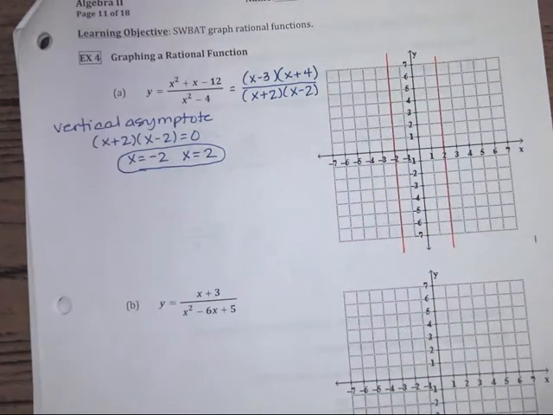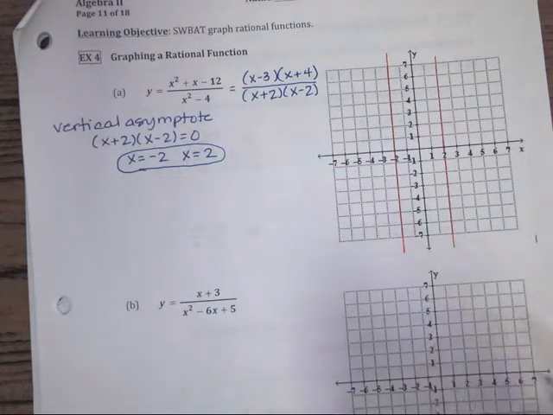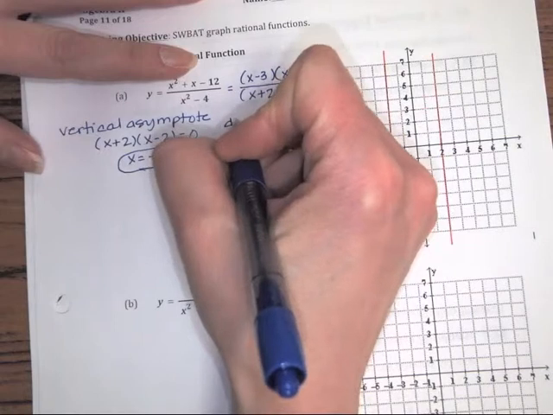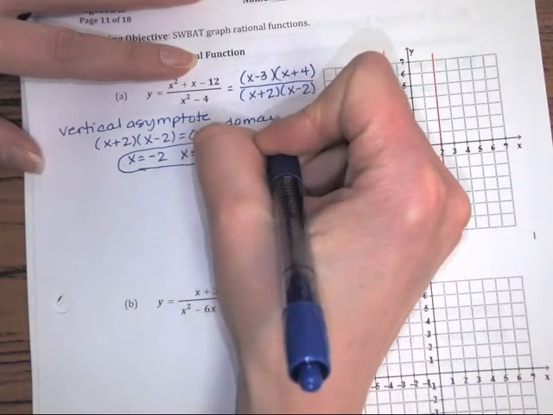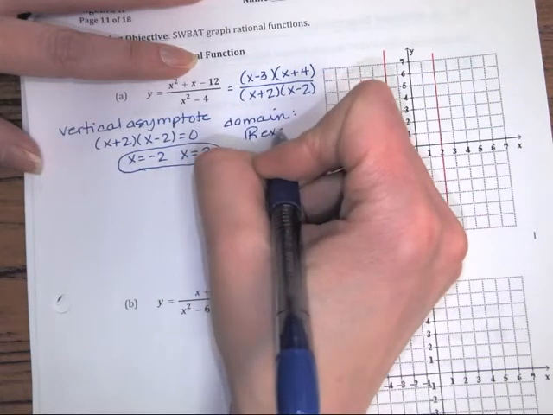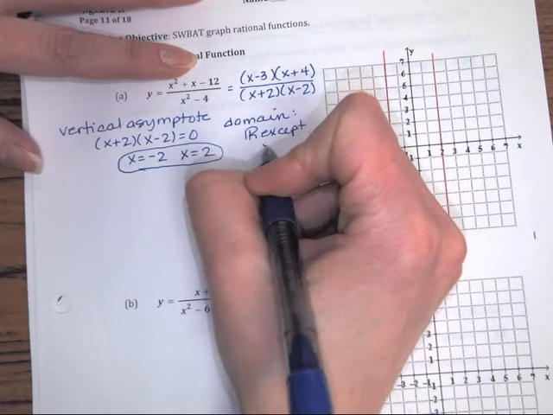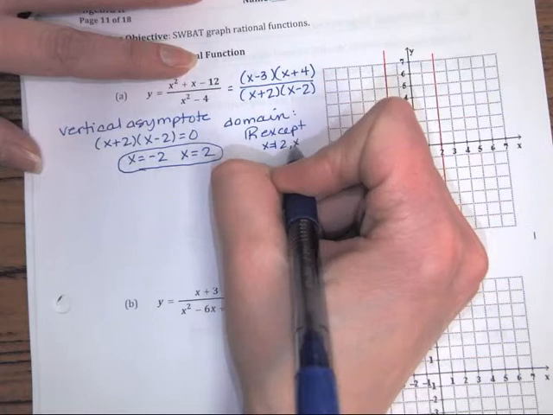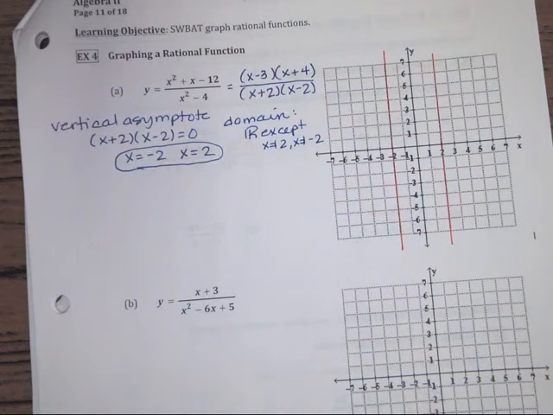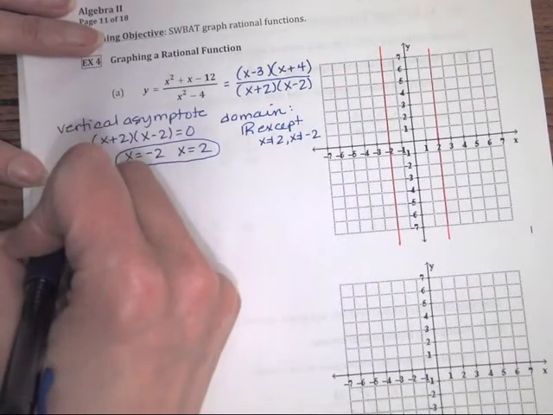Okay, next thing we're going to do, just for kicks, let's do domain. Would you agree? All real numbers except x not equal to 2, x not equal to negative 2, right? Fair enough? Okay, horizontal asymptote.